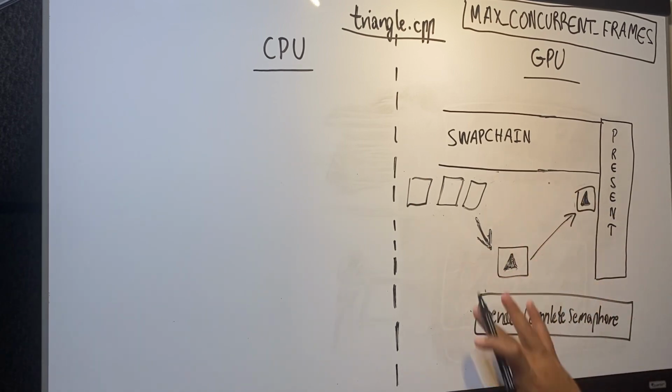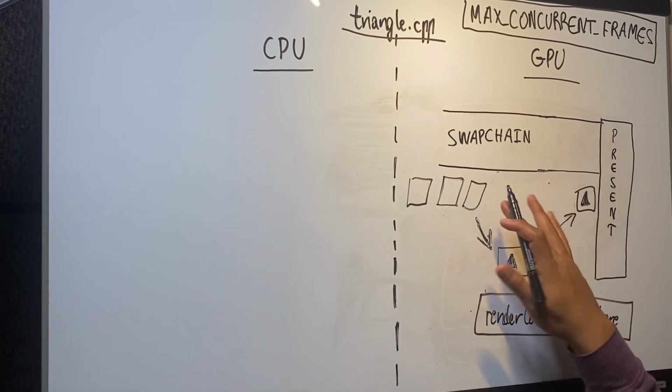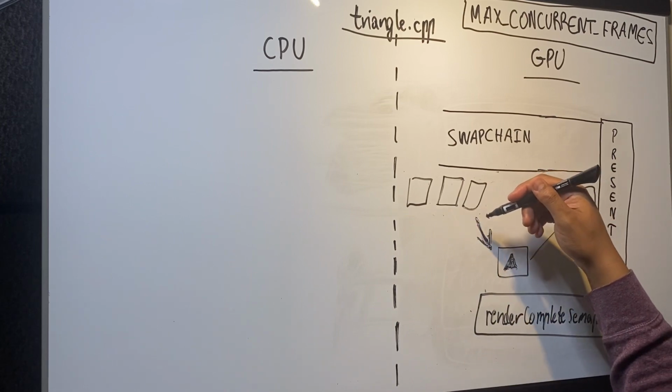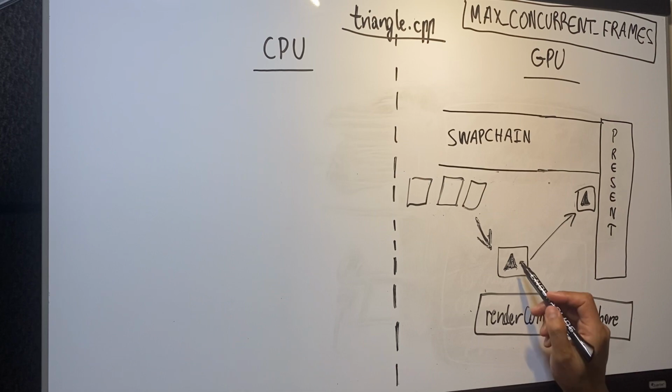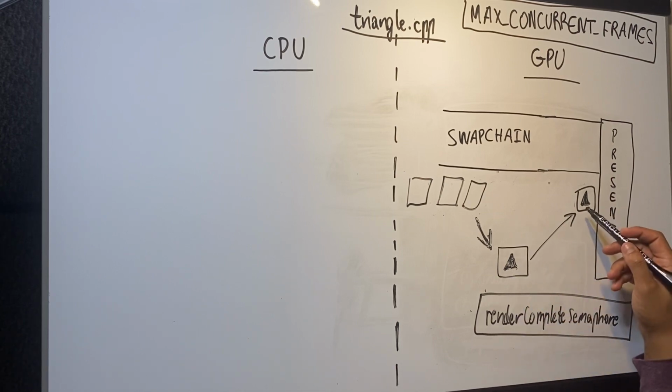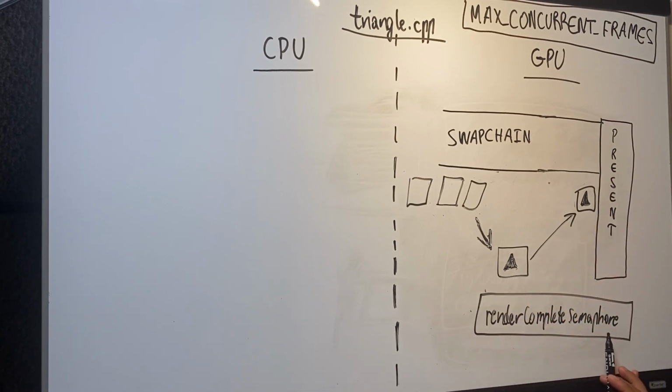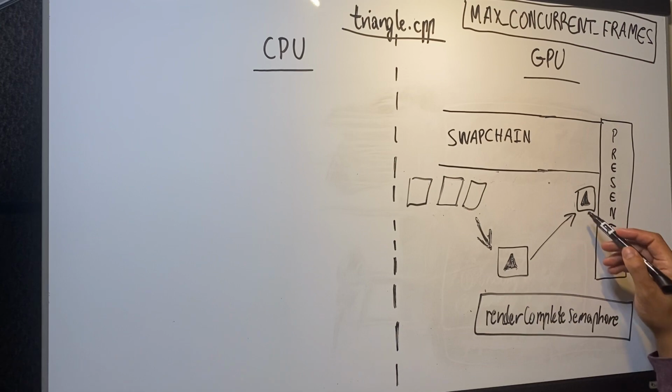So we know that this is the render complete semaphore, right? So we take an image, we take a frame out of the swap chain, we draw a triangle on it, and then we return it, right? And the render complete semaphore is what we're going to use to say, hey guys, the rendering has been completed, the drawing has been completed, and it is now available for presentation.